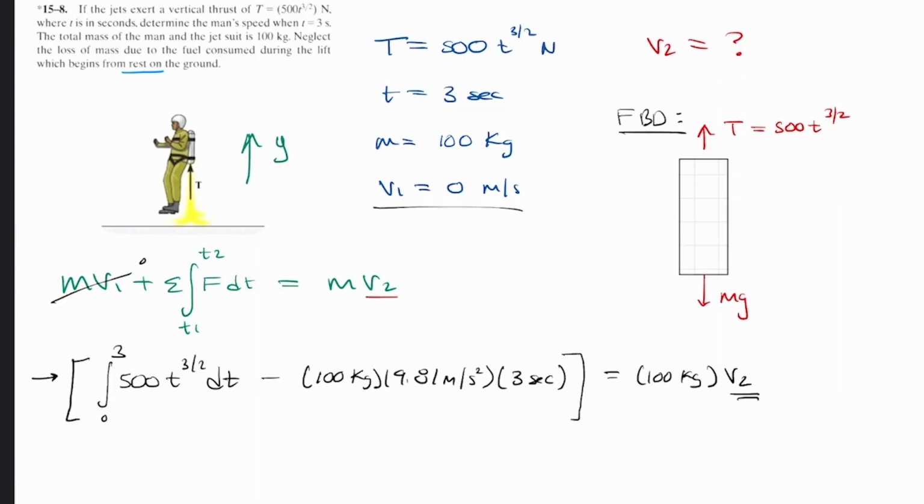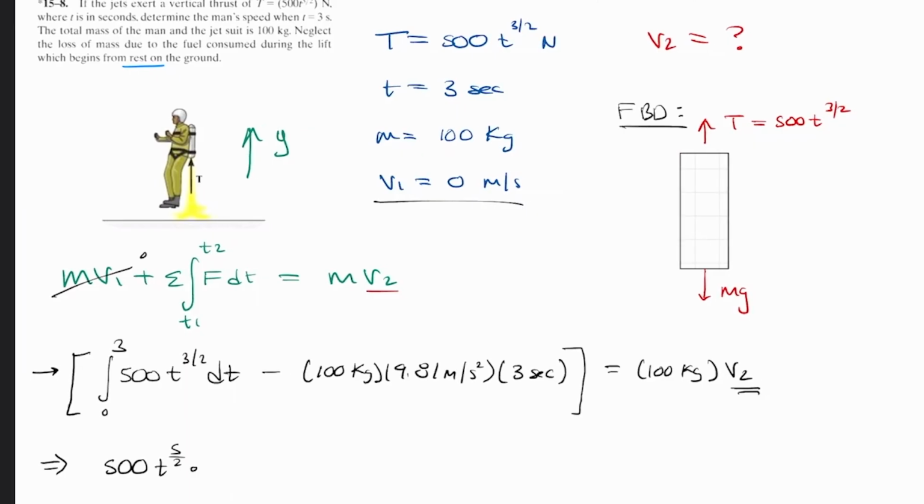All right. So when you integrate this, this will be equal to 500 times t^(5/2) divided by 5/2, or if I do the reciprocal, times 2/5, evaluated from 0 to 3, minus the weight times the time.